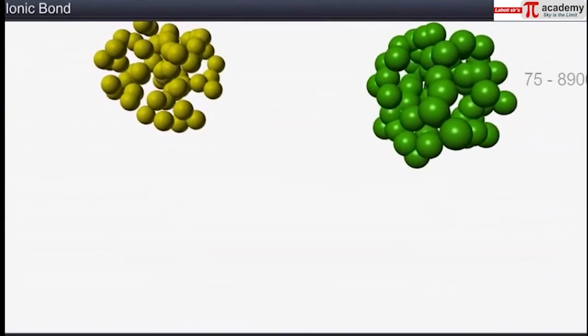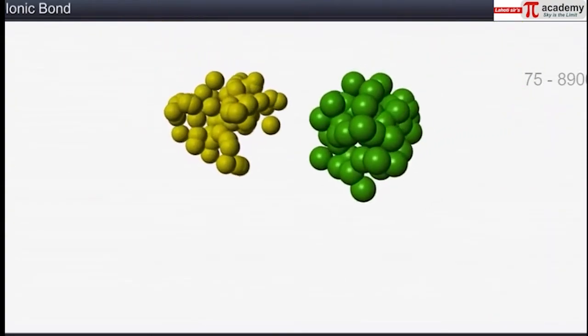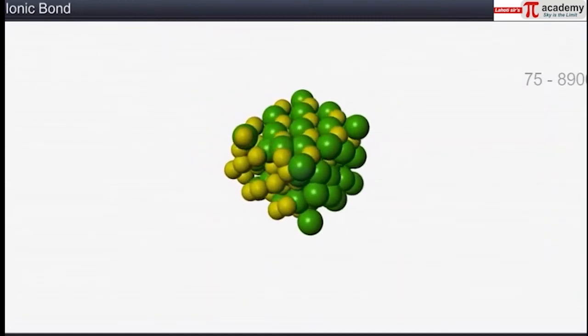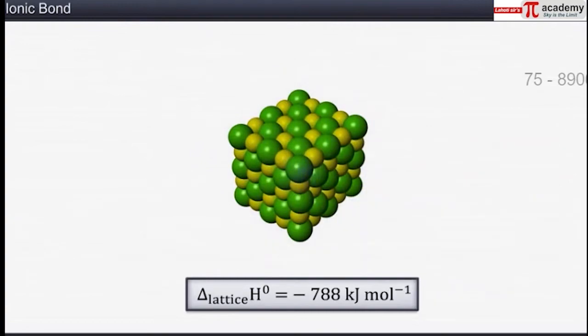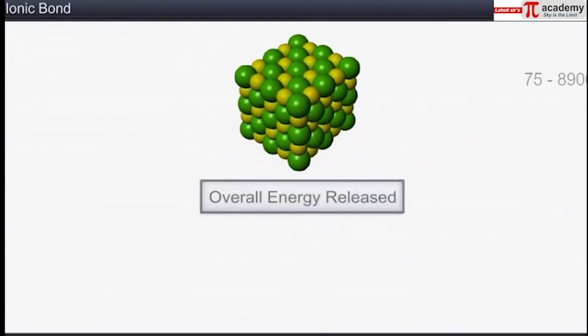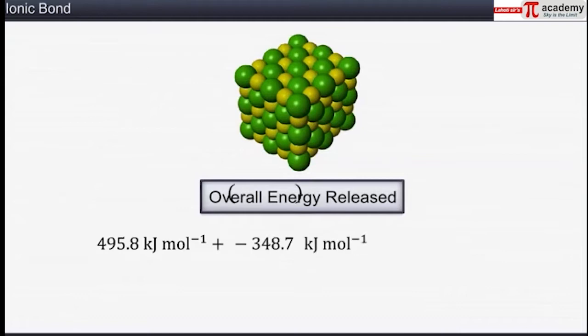But this is compensated by the energy released during the formation of the crystal lattice of sodium chloride, which is minus 788 kJ per mole. The overall energy released is the sum of 495.8 minus 348.7 and minus 788, which results in minus 640.9 kJ per mole.